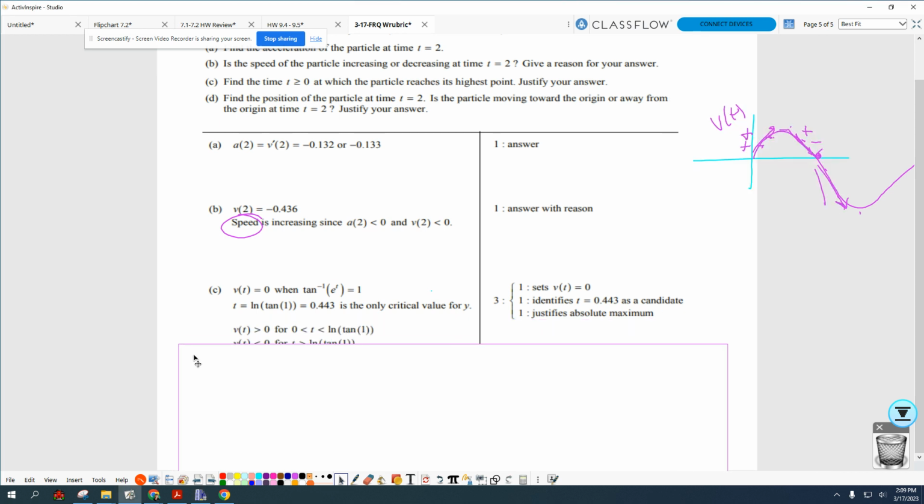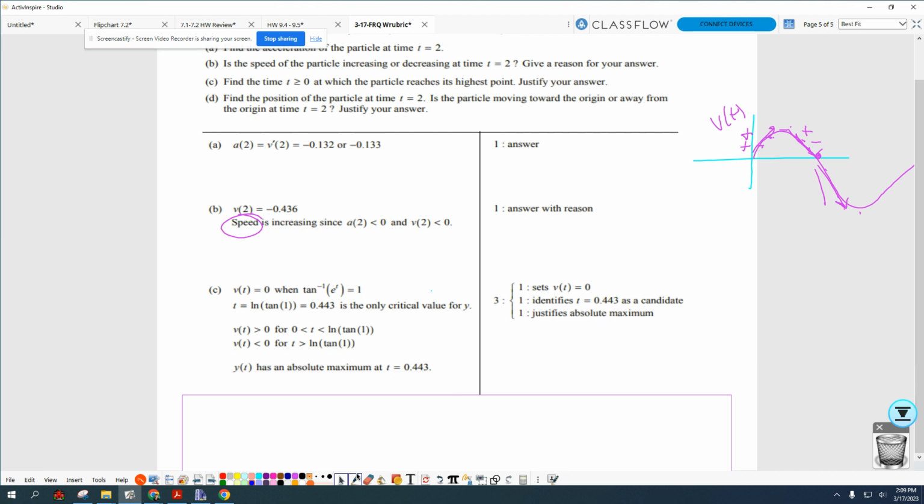So that is my one critical point. And then you need to justify that it's a minimum. So the way I show this, since the velocity, like the number line is not enough, it's great to use it, and then you need to put words to it.